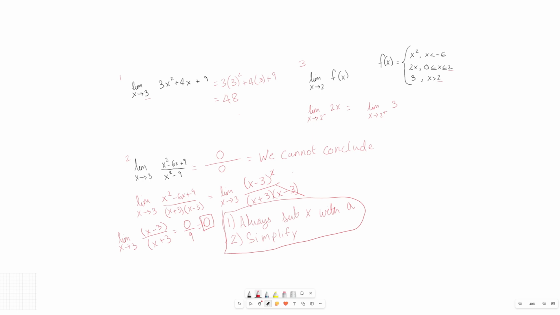So the limit as x approaches 2, you plug in 2 here: 2 times 2 equals 4, which here, since we don't have an x, that would still be 3, and this is not true. So this means that the limit as x approaches 2 of f of x does not exist.